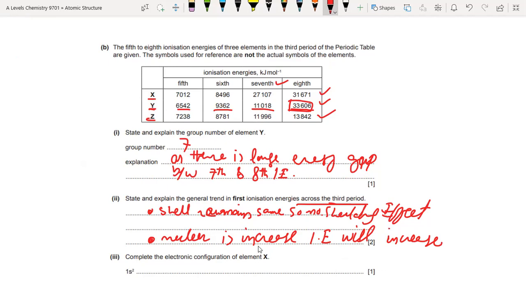Complete the electronic configuration of element X. Question part 3. What is element X group number? As we have discussed, they all belong to period 3. Period 3 means third period will have 3 shells.